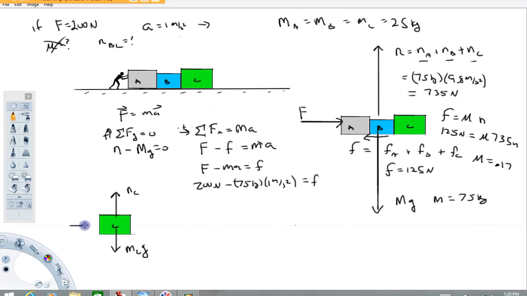So that's going to be a force in this direction. And how about we call that normal BC for the normal between boxes B and C. Surface in contact again. So here we have, we've already gotten the normal force, but we also have a tangential force, a frictional force there.